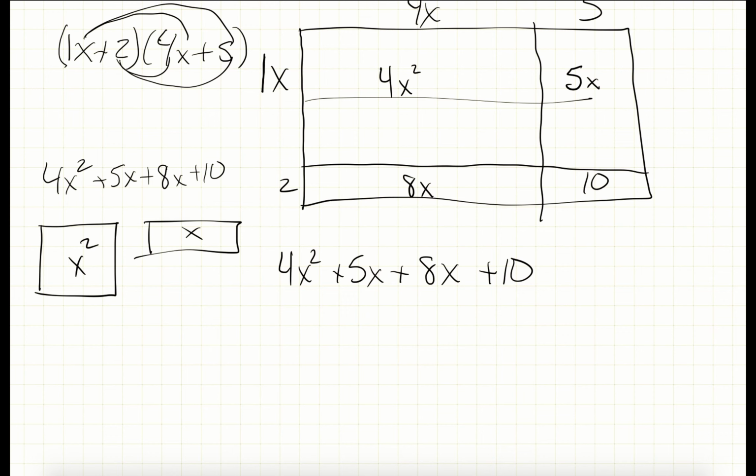I can only add things that are the same. So 5x and 8x, those are the same kinds of things. They're both these longs here. Okay, so those are going to make 13x, and I encourage you to use your algebra tiles to help model that. And then you have your 4x squared that you'll add to that, and your 10 that you'll add to that.